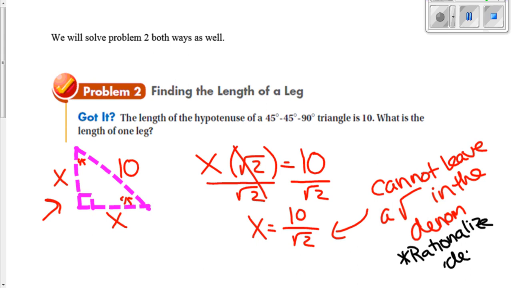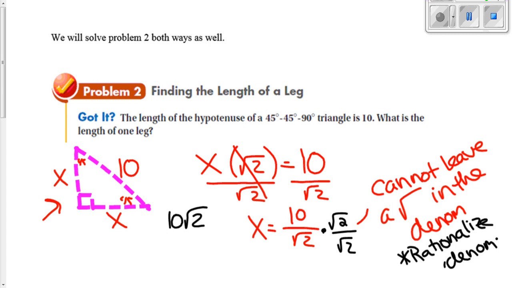In order to do that, I'm going to multiply by radical 2 over radical 2, because whenever you change a fraction, whatever you do to one part, you have to do to the other. So if I'm changing my denominator, I have to change the numerator too. All right, so 10 radical 2 is just 10 radical 2.